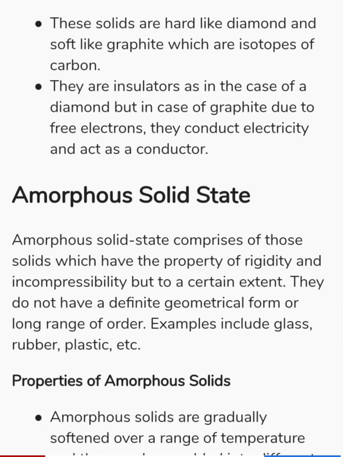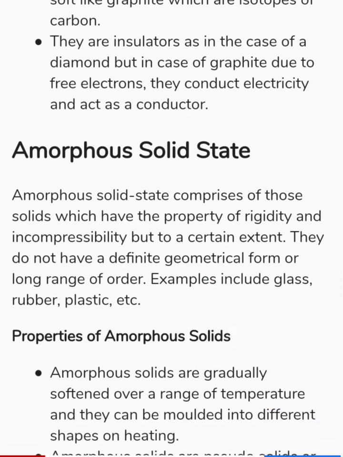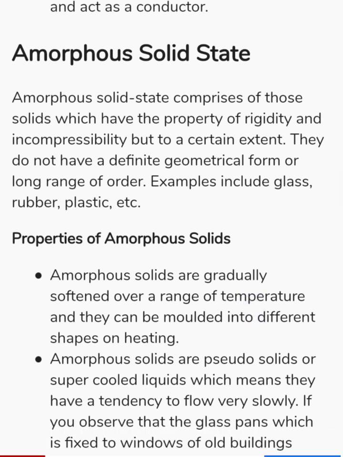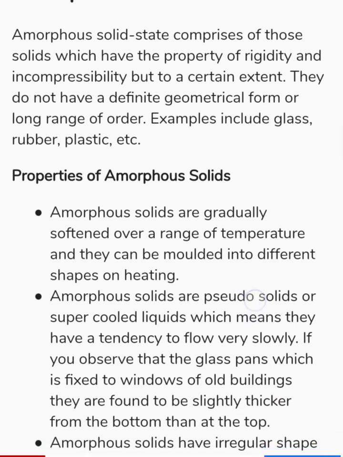These solids are hard like diamond or soft like graphite, which are allotropes of carbon. They are insulators, as in the case of diamond, but in the case of graphite, due to free electrons, they conduct electricity and act as conductors.